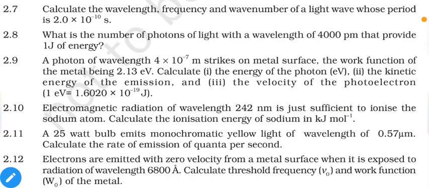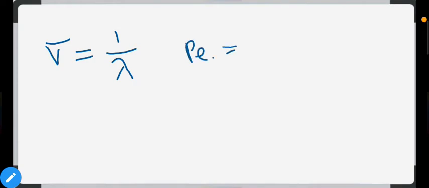Now 2.7, calculate the wavelength, frequency and wave number of light whose period is 2 into 10 raised to minus 10 seconds. The question may arise, what is period? As we know, wave number is the inverse of wavelength. Similarly, period is the inverse of frequency. So when we divide 1 by frequency, you will get the period of that electromagnetic radiation.